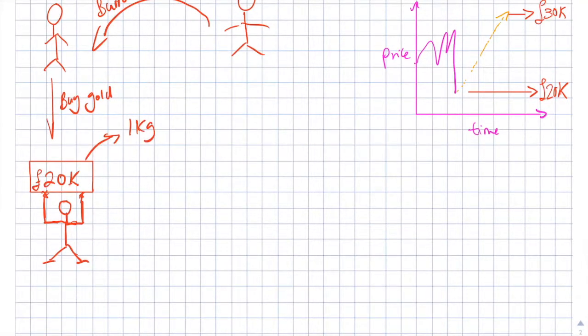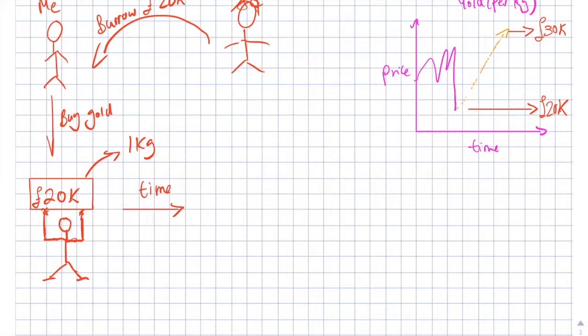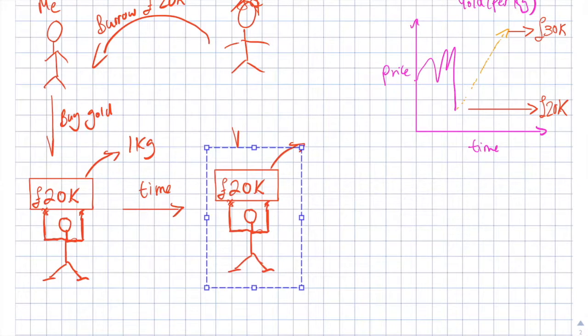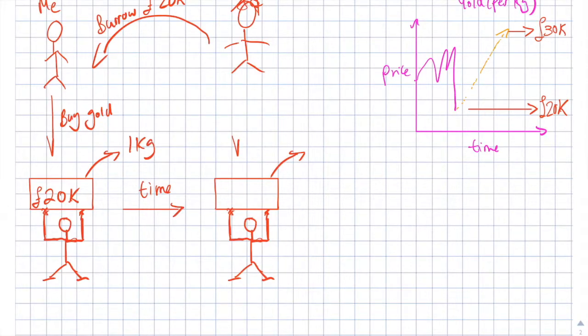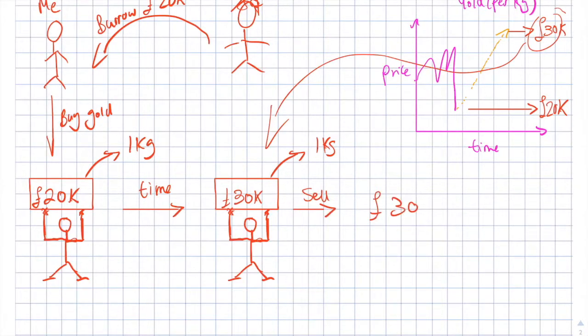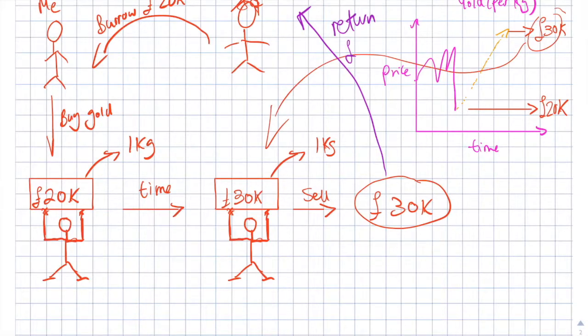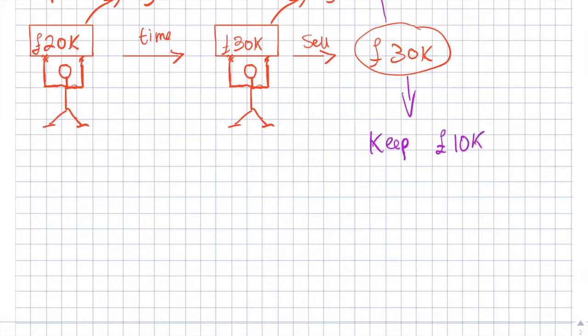Then I'll wait some time, maybe a couple of months, even a couple of years, and now the value of gold is not £20,000 anymore per kg, it's £30,000 per kg. So now I sell that 1 kg and I get £30,000. Then I return £20,000 back to my friend who lent it to me, and I keep £20,000 profit.